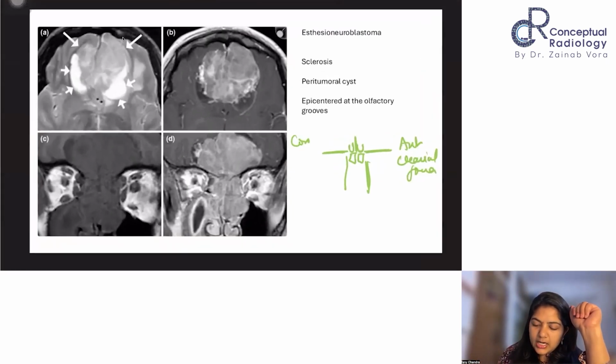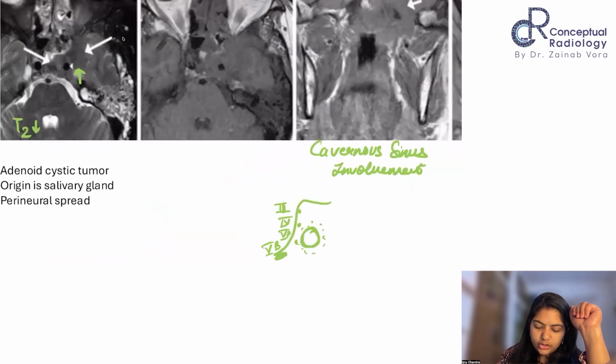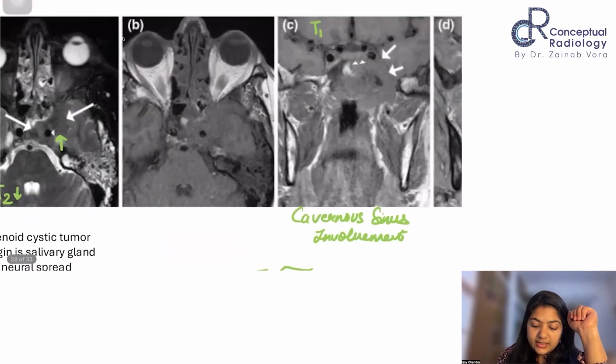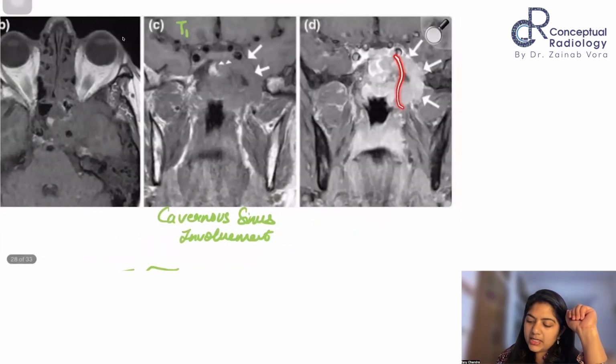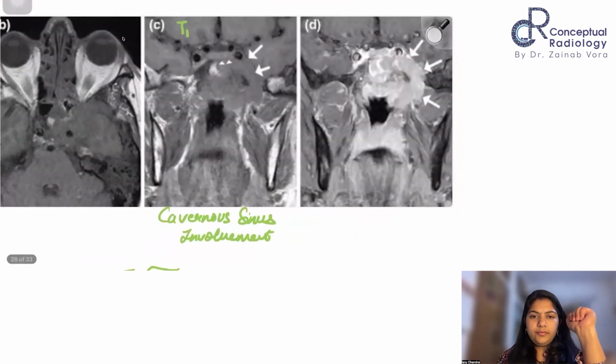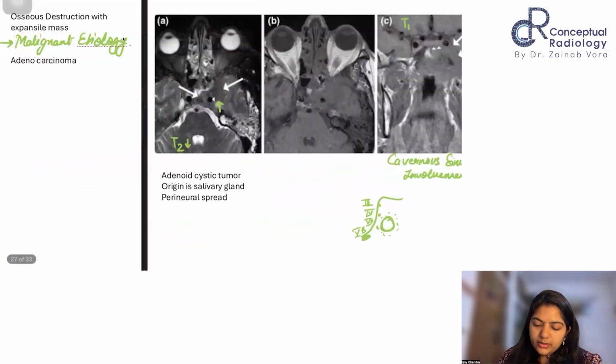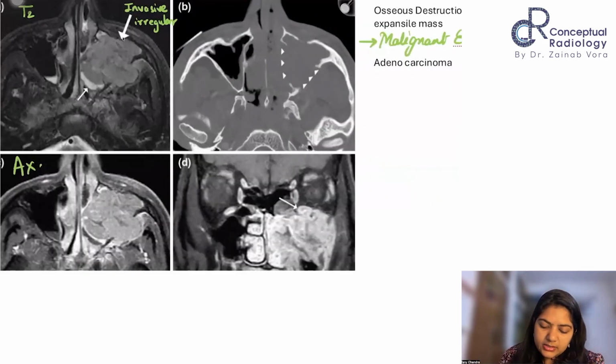So this last case was a salivary gland origin adenoid cystic carcinoma. But its extent is such that it is involving the paranasal sinuses as well as a perineural spread. Right? This one is actually a sinus mucosal wall originated adenocarcinoma, which is extending everywhere.